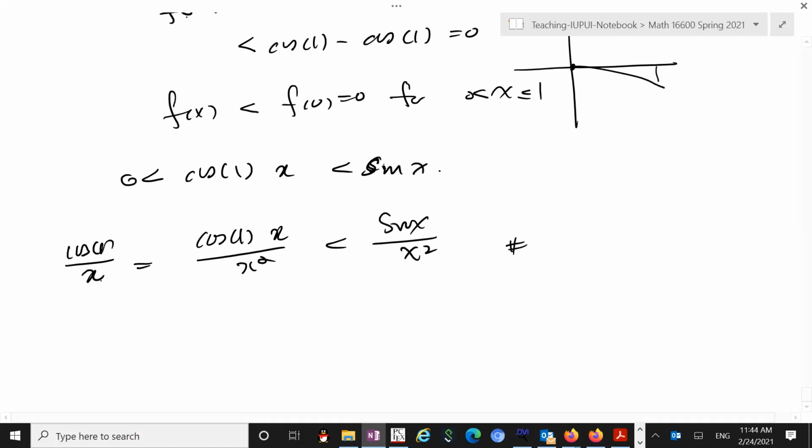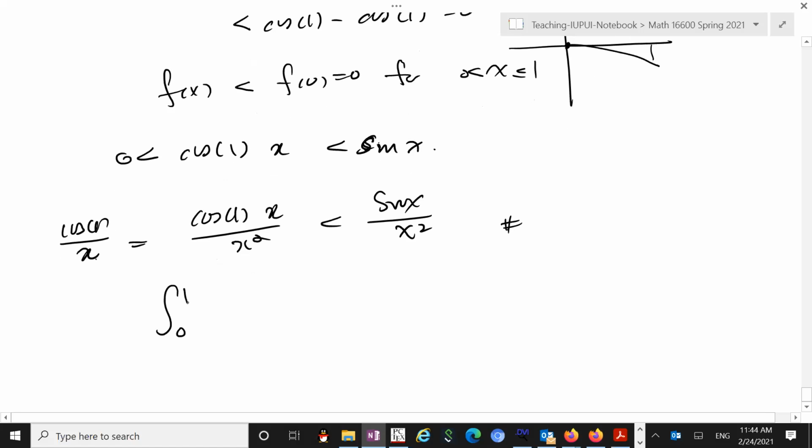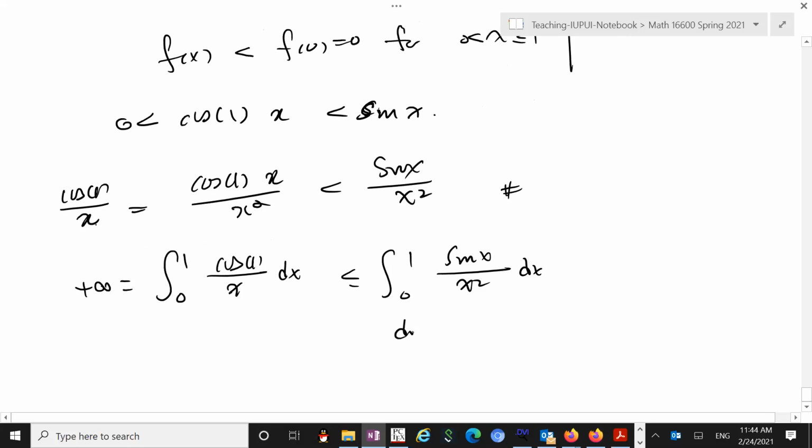Then you integrate. Cosine 1 is positive, that's why this is going to be positive infinity. It's less than or equal to the one on the right-hand side, so that forces the one on the right-hand side to be divergent. Divergent.